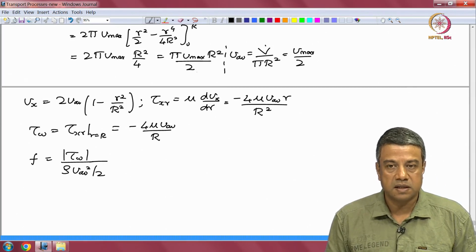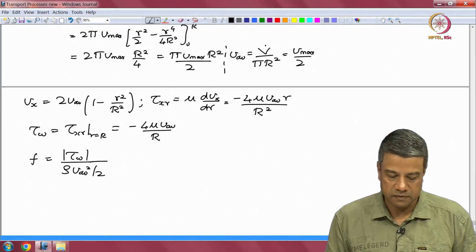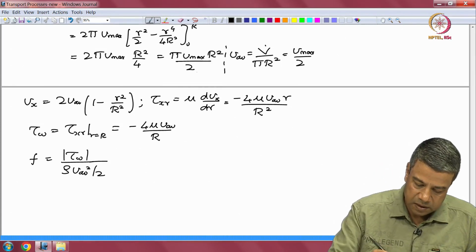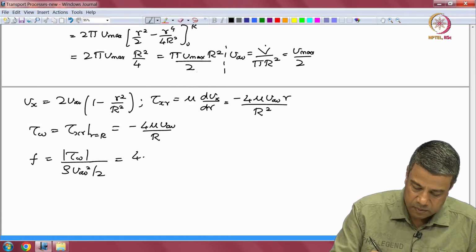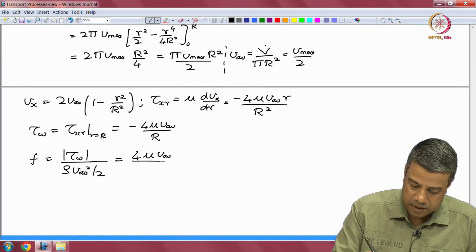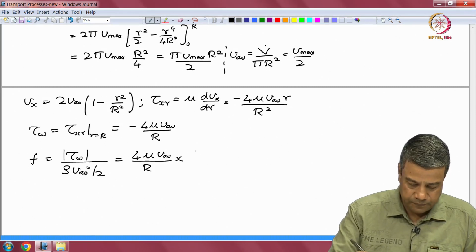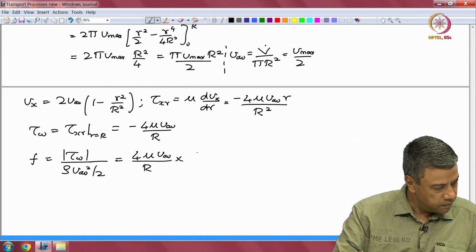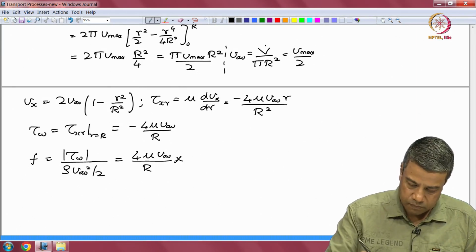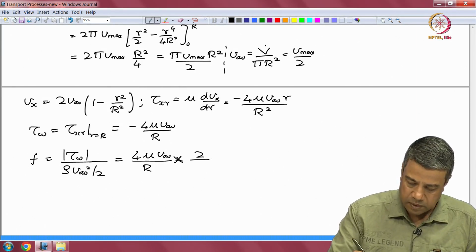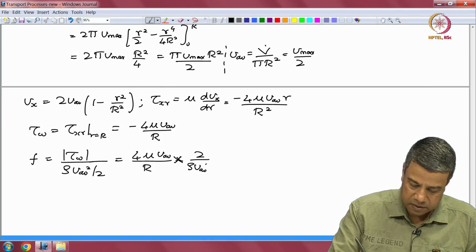The stress exerted by the fluid on the pipe is in the positive direction, by the pipe on the fluid is in the negative x direction. So, this is equal to 4 mu V average by R into 2 by rho V average squared.